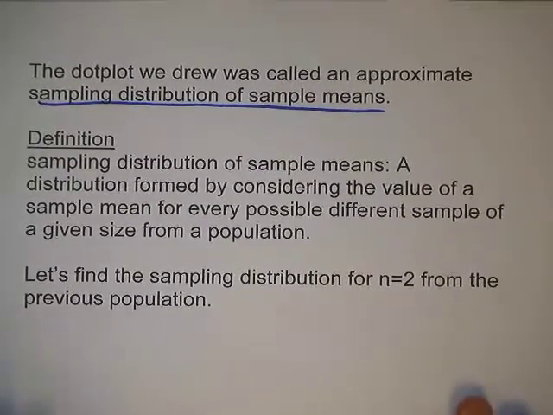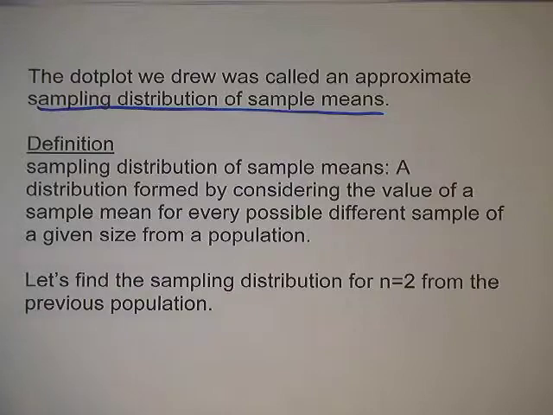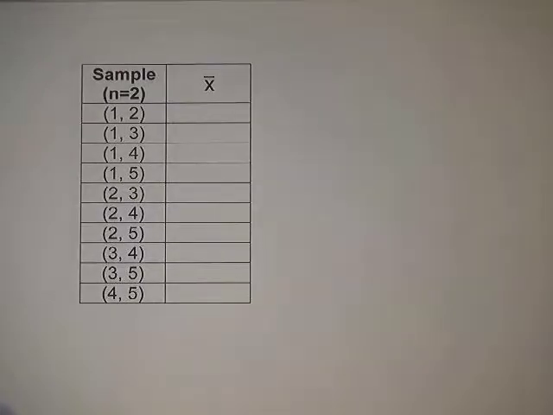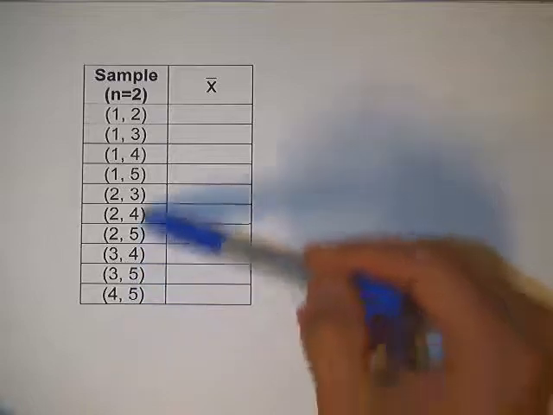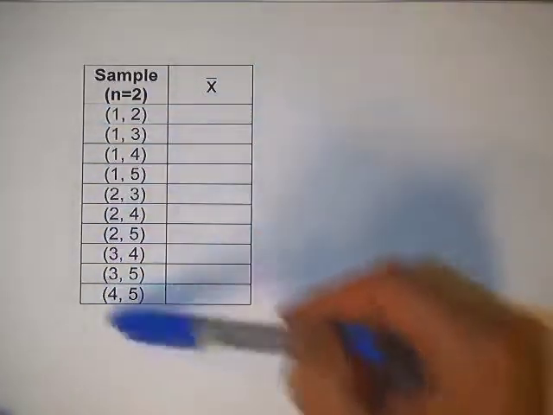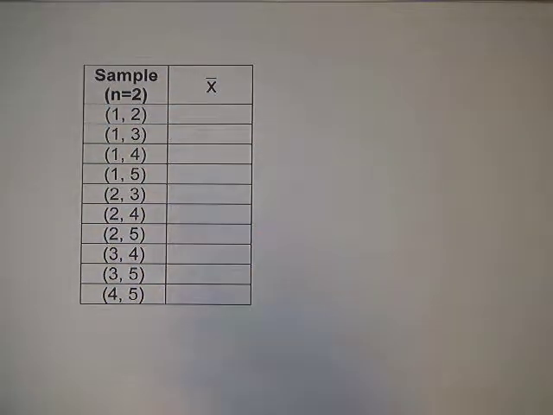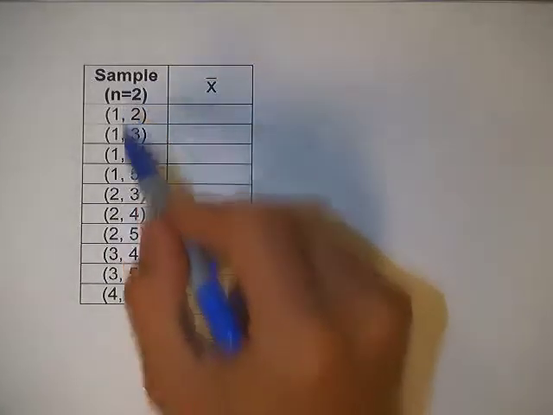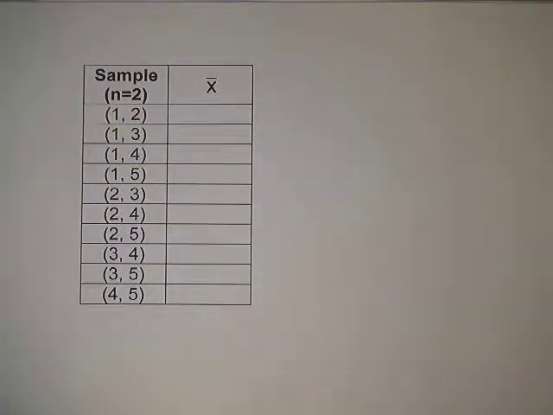To find the actual sampling distribution, instead of just a sample of 10 of size 2, now this represents all of the possible values. Again, they were without replacement where the order doesn't matter. So these were all of the possible samples.